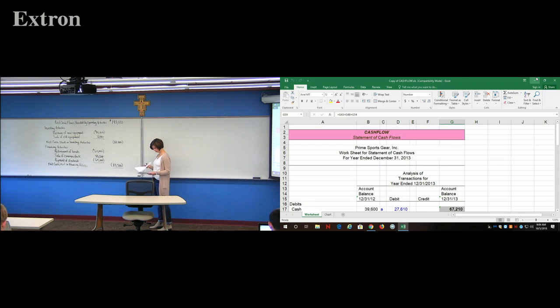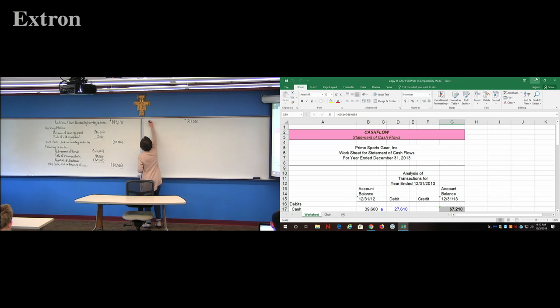What's the amount? Okay, 27,610. Does that sound familiar? What does that represent? That's our net increase in cash.